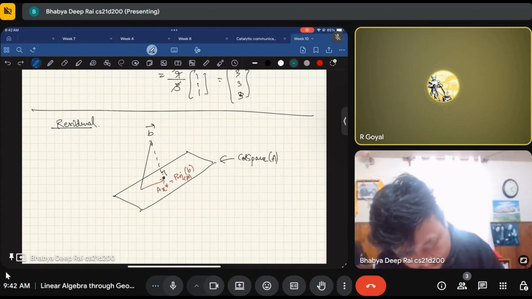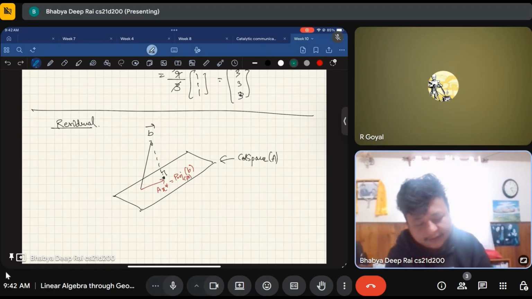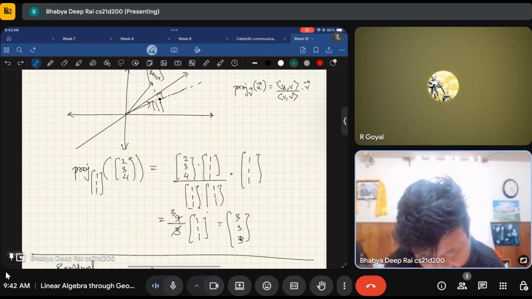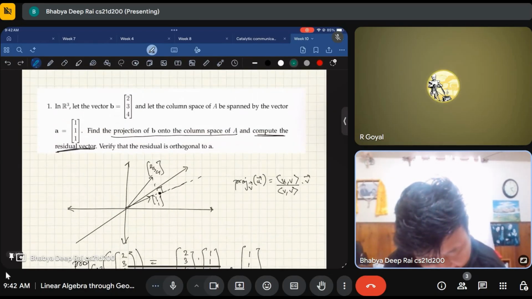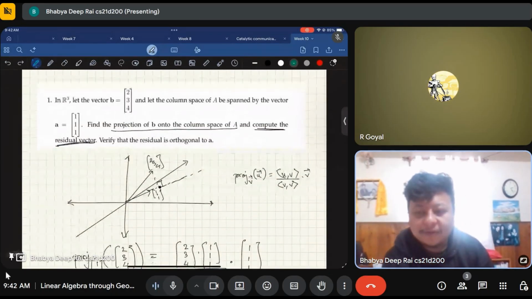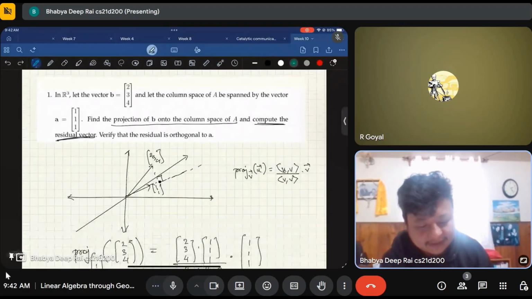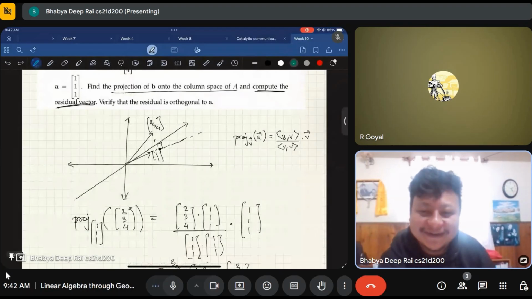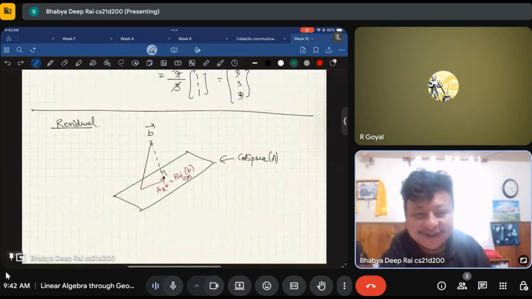B minus small a, like in the previous example. Exactly, b minus small a. Oh, no, no. Small a is your plane in this case. You get it?